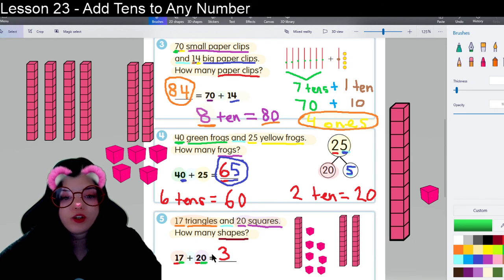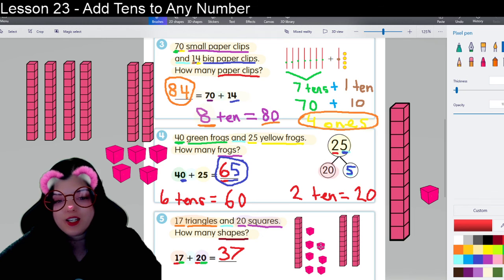Now we know we have our 3 groups of 10 in our tens place. How many ones do we have? How many ones were in the number 17? If you said 7, you are right. There are 7 ones. 1, 2, 3, 4, 5, 6, 7.